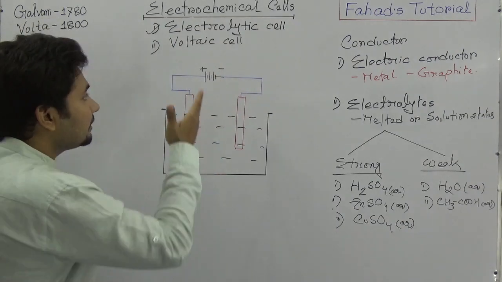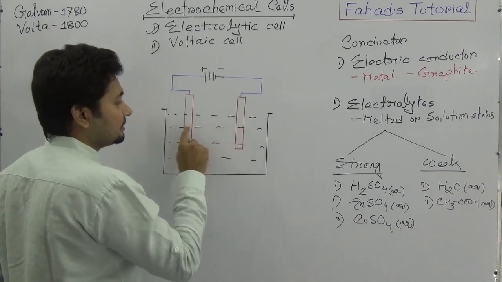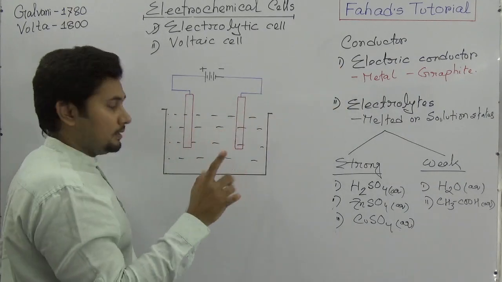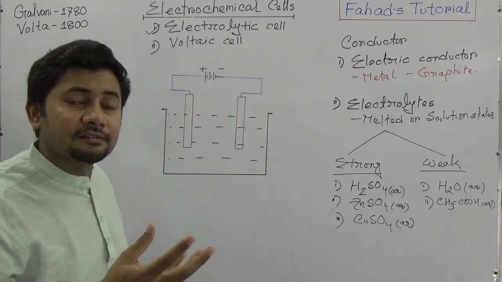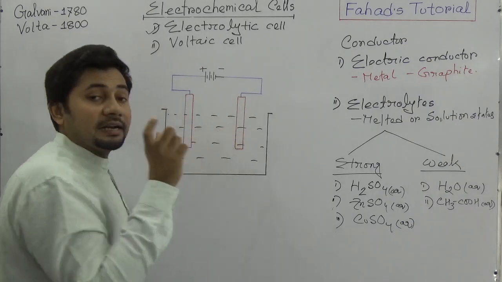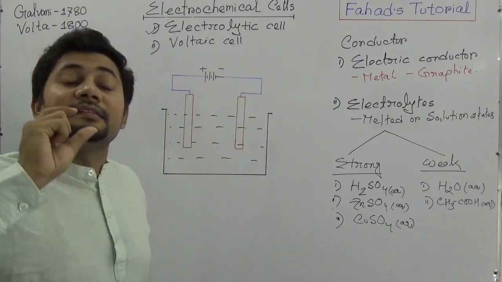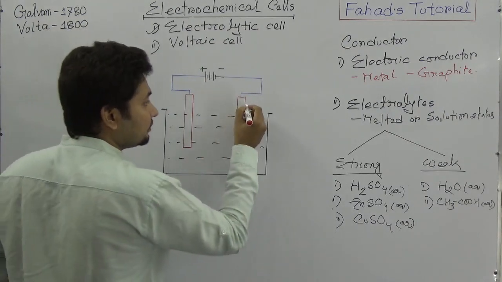So in the battery, these two are electric conductors. This can be zinc, this can be copper, this can be iron, this can be graphite, whatever. But these two are electric conductors, and they are known as electrodes. This is very important.